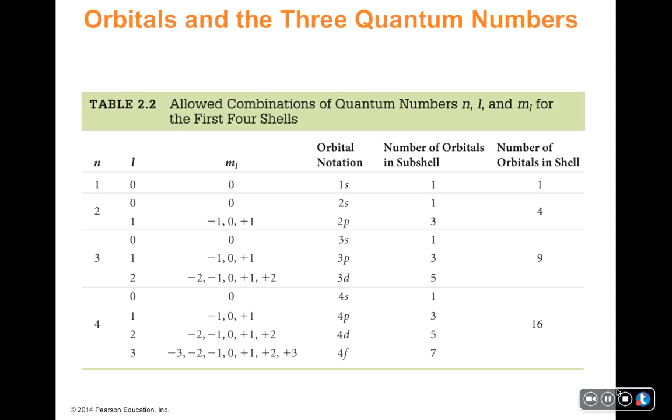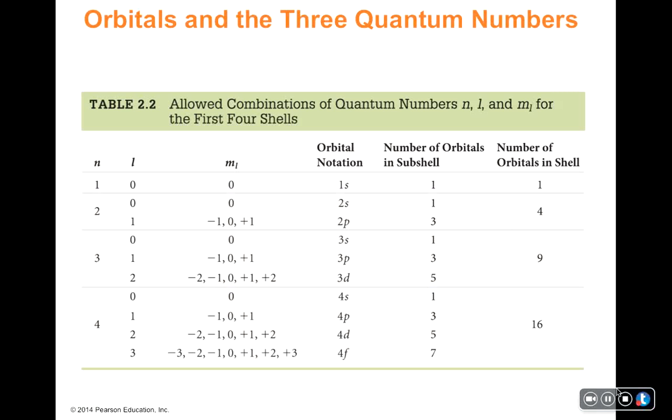For particular subshells, you have a certain number of orbitals in each subshell. That's the next column you see after where it says orbital notation. So s subshells have just one orbital. So 1s has one orbital, 2s has one orbital, 3s has one orbital, etc. The p subshell, I should say, has 3 orbitals available.